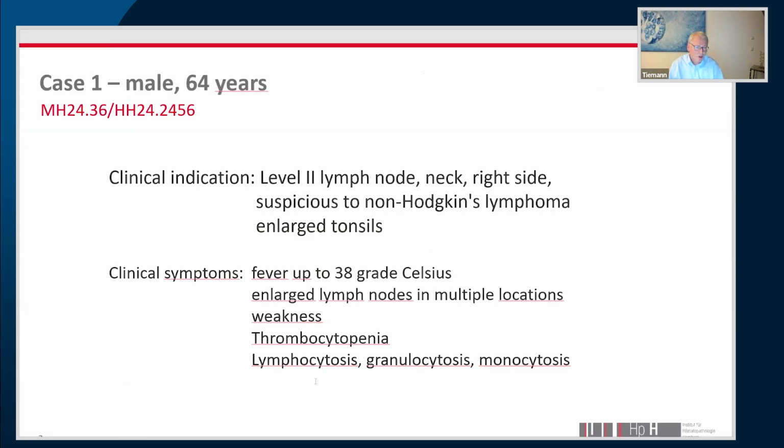I will go to the first case, a 64-year-old man, and he has enlarged lymph nodes within the neck, right side of the neck, and they were suspicious for non-Hodgkin's lymphoma, the clinical colleague said, and additionally, he suffered from enlarged tonsils.